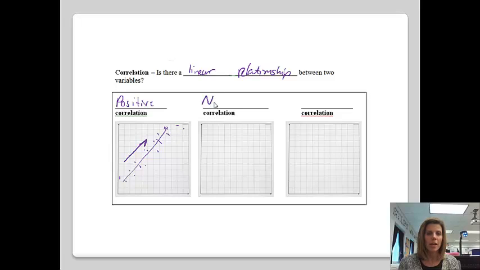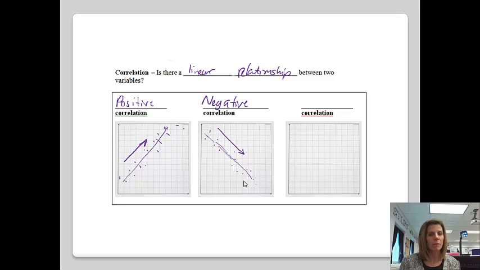Okay, if we have a set of data that has negative correlation, then the scatter plot would look something like this. Again, it might not be perfect, but we basically see some dots that are forming a linear pattern. And this time the dots are headed in a downward direction, which means as x increases, the y values would decrease.